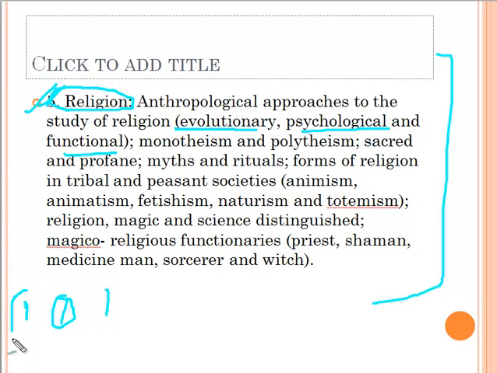Different anthropologists have given different evolutionary approaches, like from totemism to animism to polytheism to monotheism to, let's say, an atheist society where there is no god. Tylor has given something else, Morgan has given something else. All these evolutionary approaches you have to study.